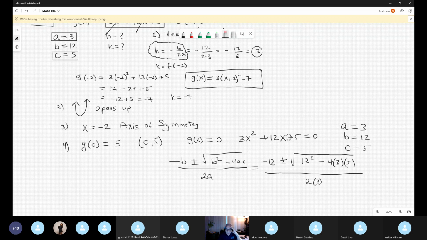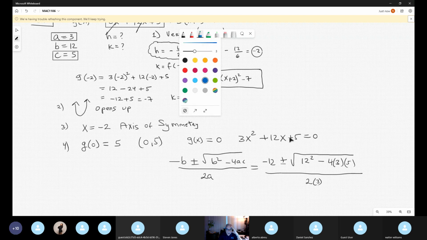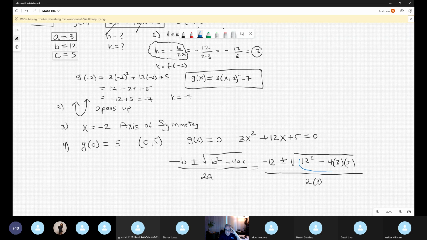Okay, it's easy. I focus, C, remember, on the expression inside. Yeah, that one. 12 squared is 144. I put in my calculator so I don't remember. Minus 60. Because it's 4 times 3 is 12, times 5 is 60. Now subtraction is 84. And don't forget the square root.